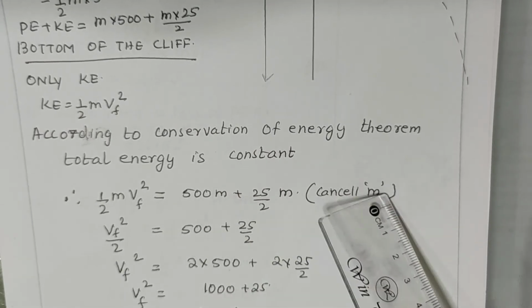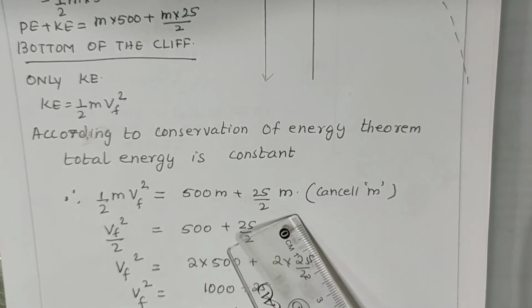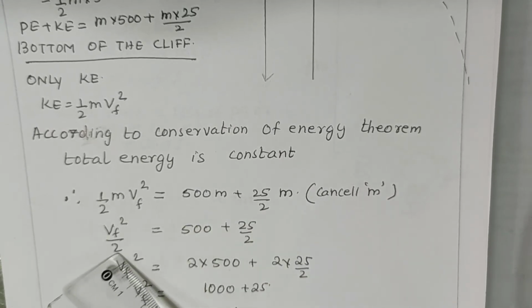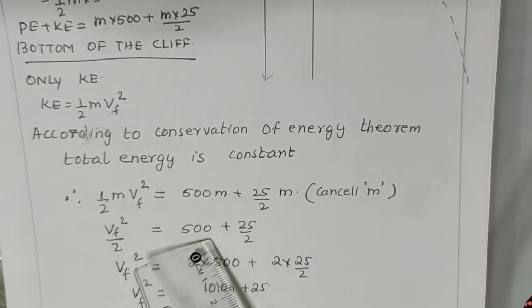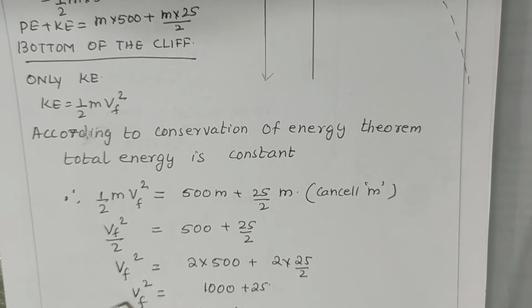So cancelling m as it is there in all the three terms, we have vf square upon 2 equals 500 plus 25 by 2. On solving this, when we take the LCM, vf square by 2 is 500 plus 25 by 2 becomes vf square equals 2 into 500 plus 2 into 25 by 2.